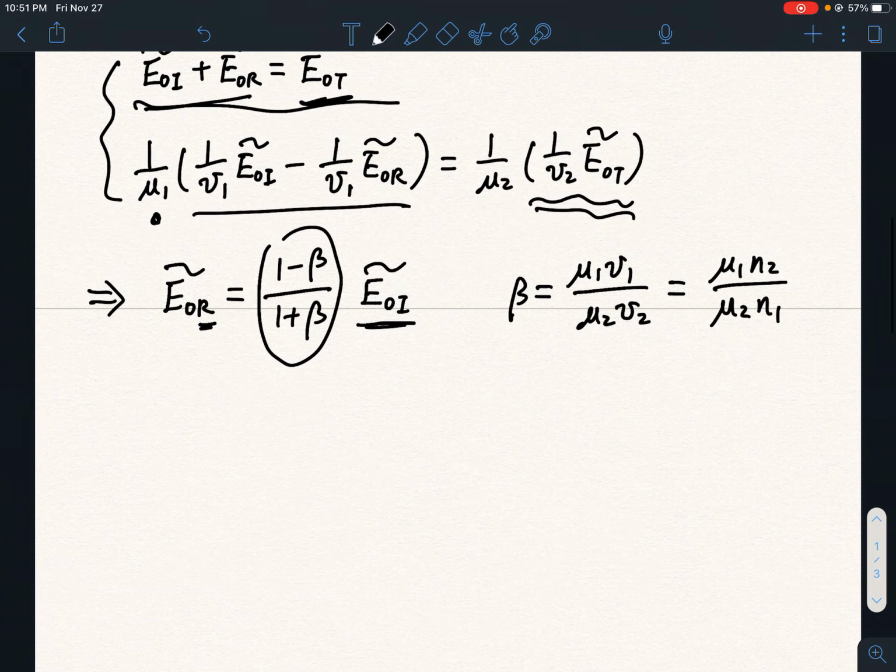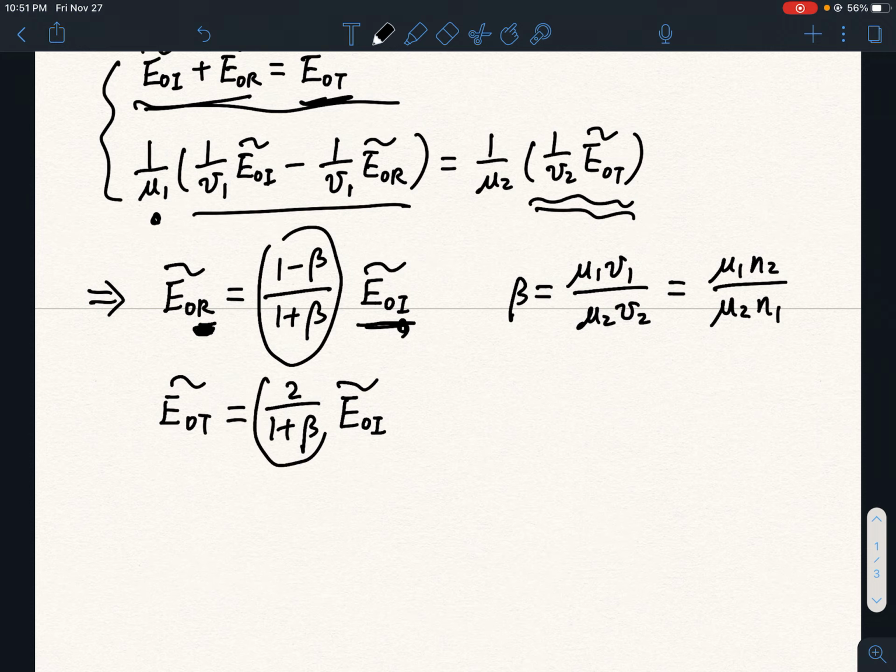The transmitted wave is also proportional to the incident one, with a factor of 2 divided by (1 plus β).